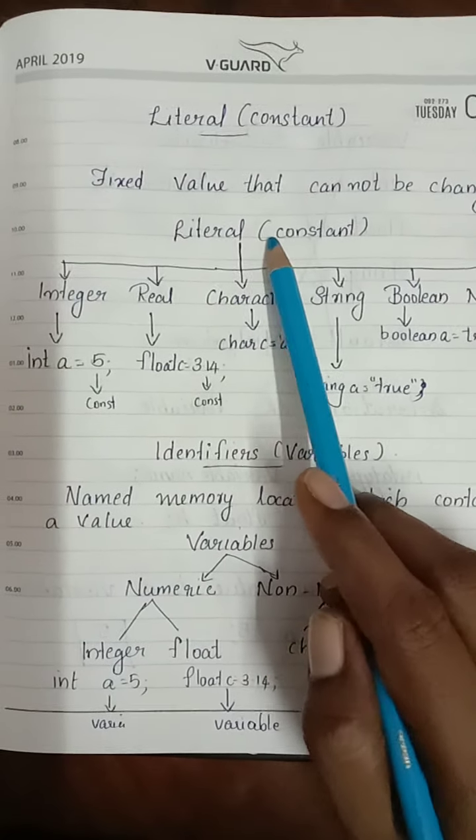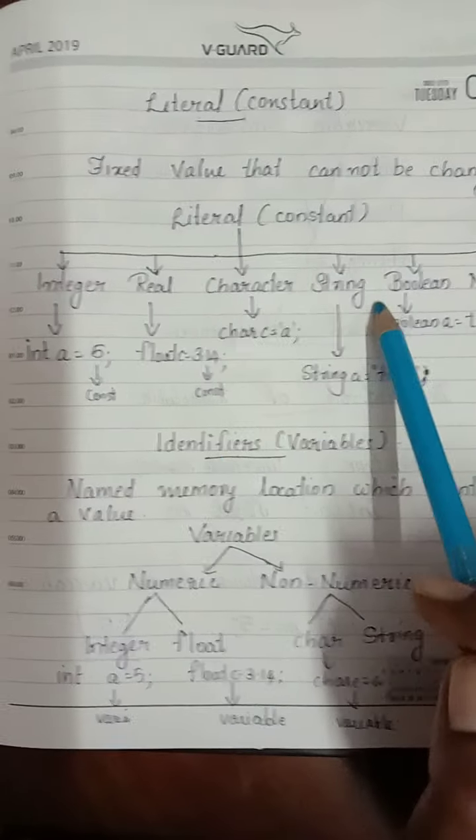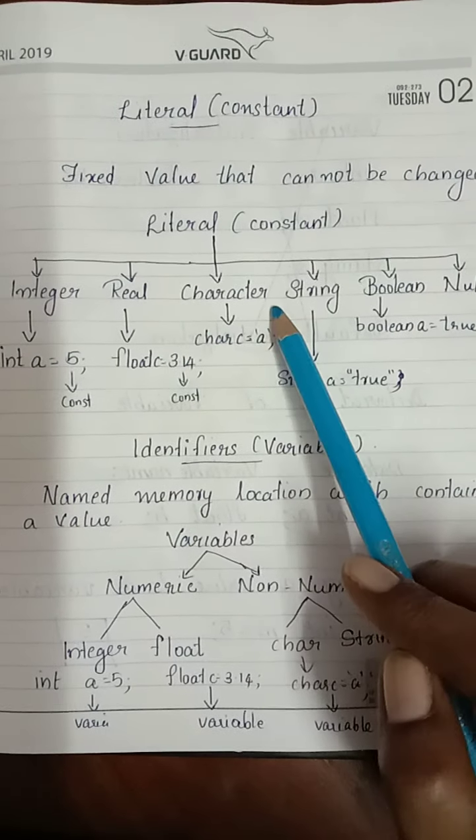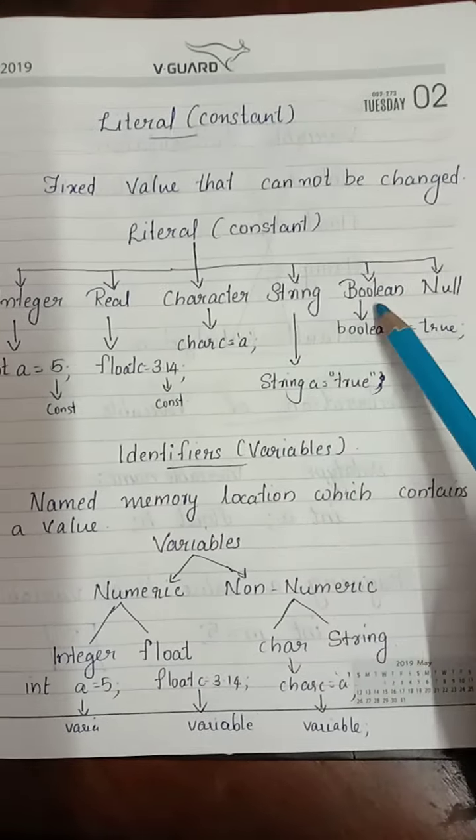The literals or constants are divided into these: integer literal, real literal, character, string, boolean and null.